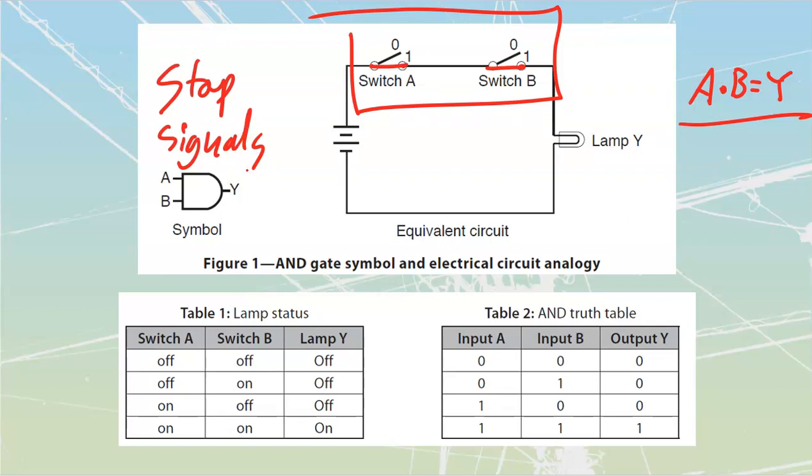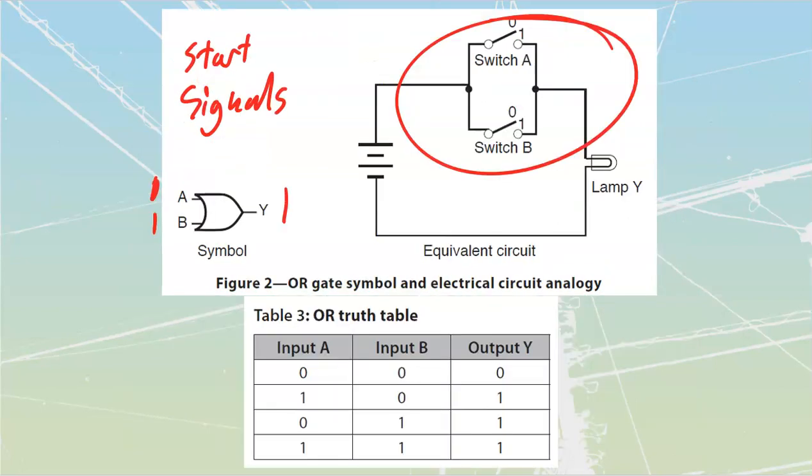The Boolean expression for this one is going to be a plus sign. So, for this one over here, which is my OR gate, it is going to be A plus B equals Y. So 1 plus 0 equals 1, or 0 plus 1 equals 1.